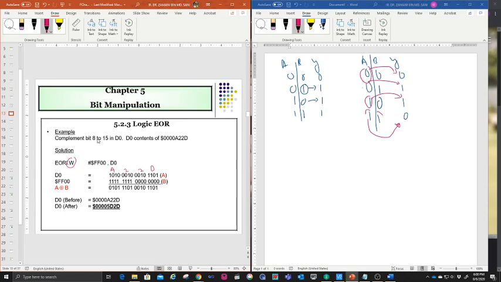Complement bit 8 to 15. So you need to find out where is bit 8. This is bit 0, 1, 2, 3, 4, 5, 6, 7. This is the one starting for 8, bit number 8. Then 9, 10, 11, 12, 13, 14, 15. So the last one is bit 15.